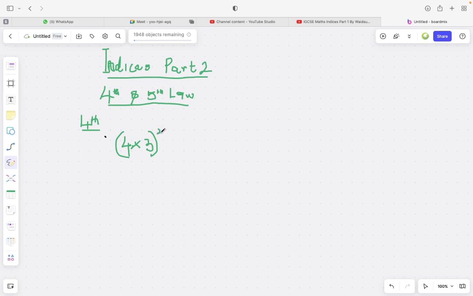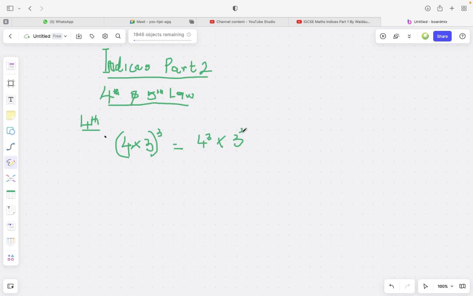For example, I keep 3 as the power outside. What this means is that this will be talking to both of the numbers inside. So this will be equal to 4 to the power of 3 multiplied by 3 to the power of 3.